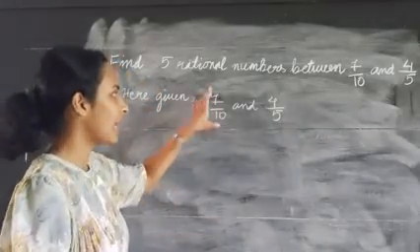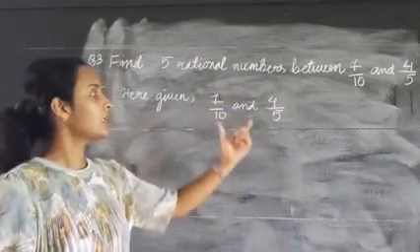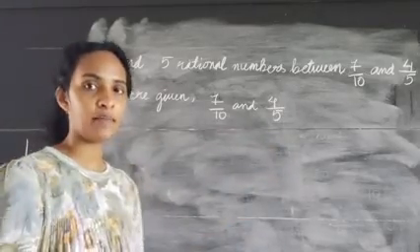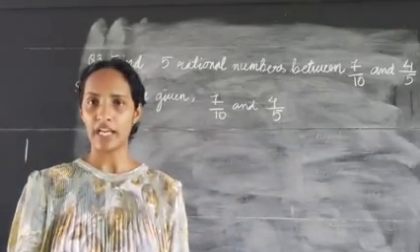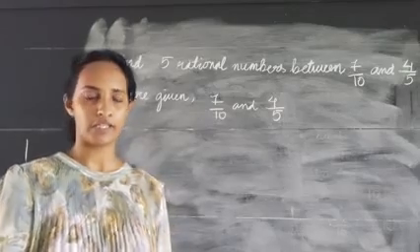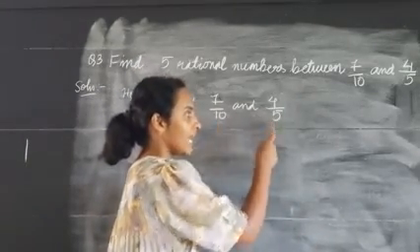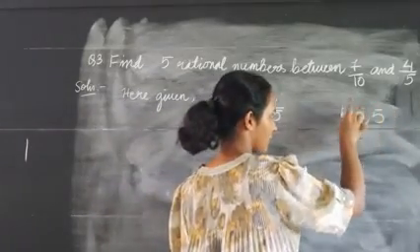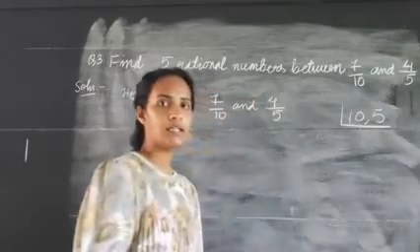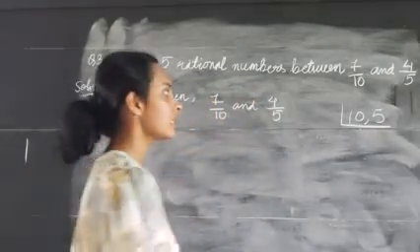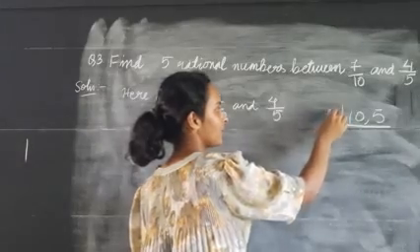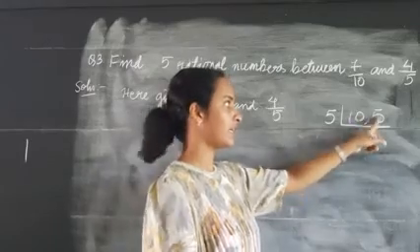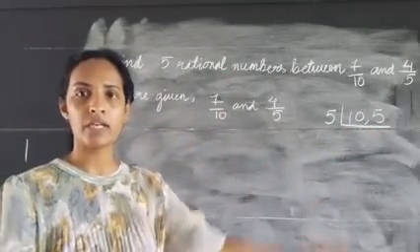Now look here, whenever you have 2 fractions and the denominators are not the same, you find the LCM of the denominators. How do I find the LCM? 10 and 5 are the denominators, so I write 10 and 5 in my rough space. I take the least number with which I can divide these 2 numbers, which is the multiple of 10 and 5.